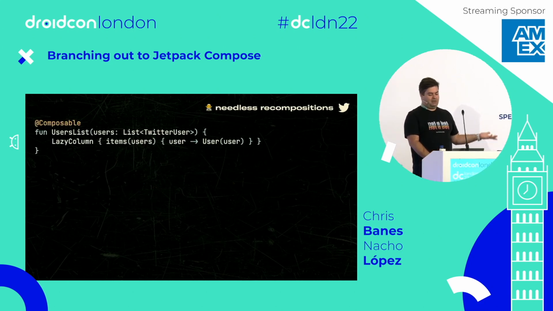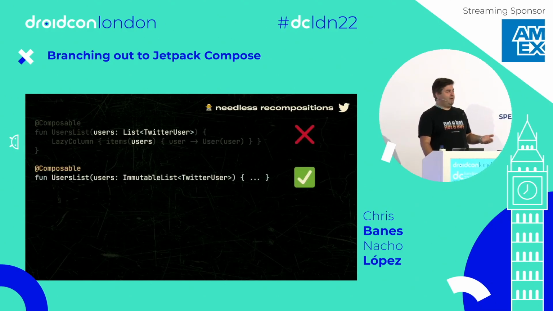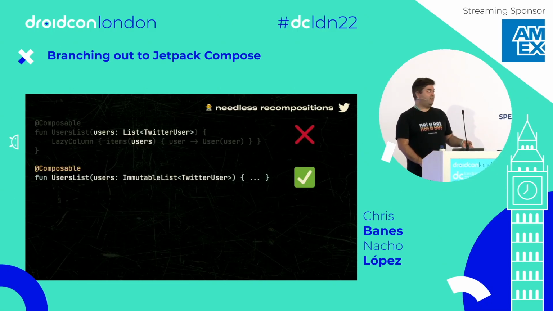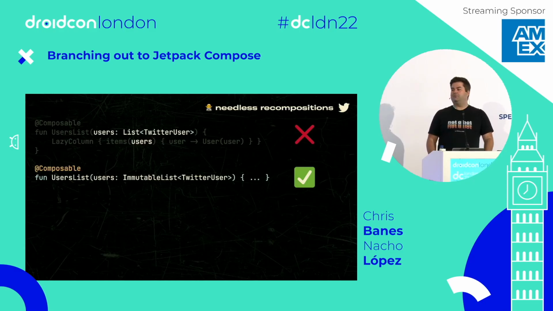For example, when using collection interfaces like list, set, and map, the Compose compiler cannot infer if the underlying collection is actually mutable. So we prompt our developers to use Kotlinx immutable collections, which are really helpful to mark immutability, and they are supported in Compose out of the box.